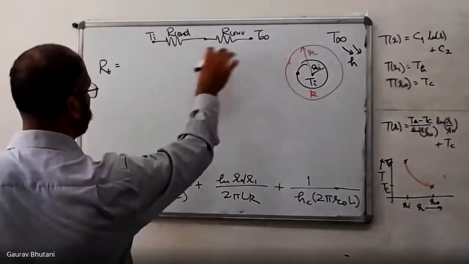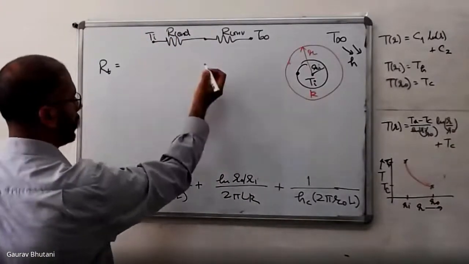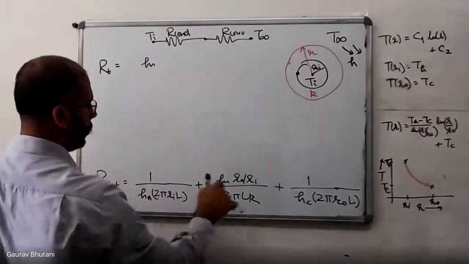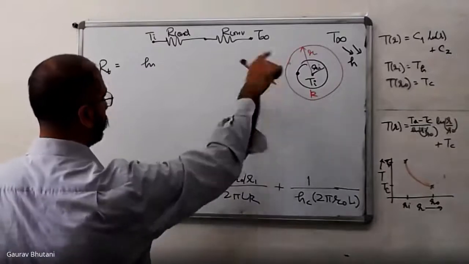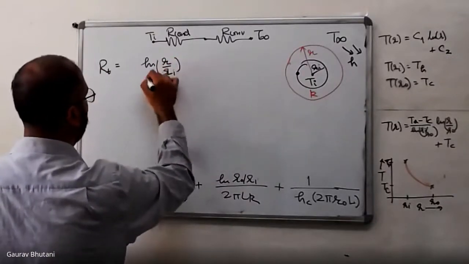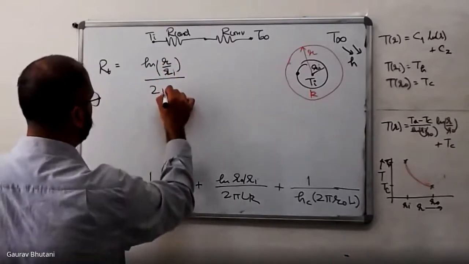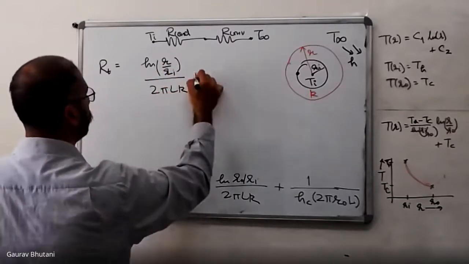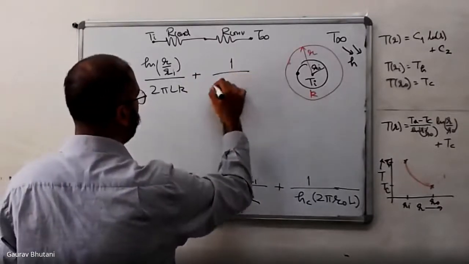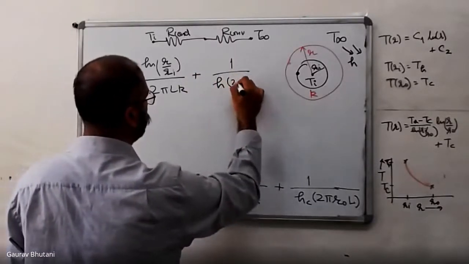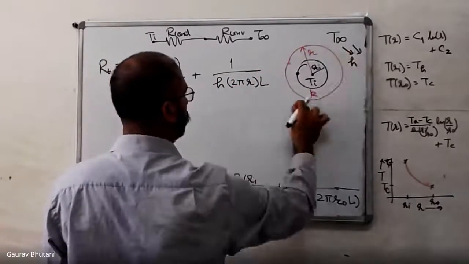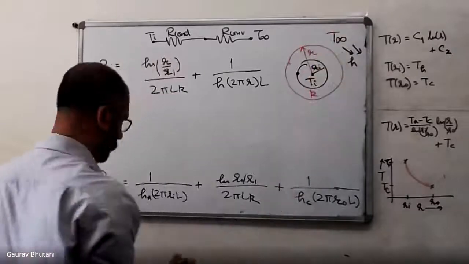So the total resistance is R conduction plus R convection. R conduction, as we just saw, was ln(Ro/Ri) divided by 2 pi Lk, where Ro is R in this case, plus the convection resistance, which is 1 upon hA. So h times area, where the area is 2 pi R times L. So R is the surface area from which convection is happening.